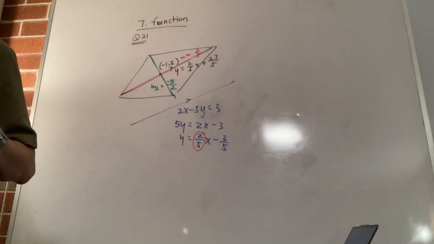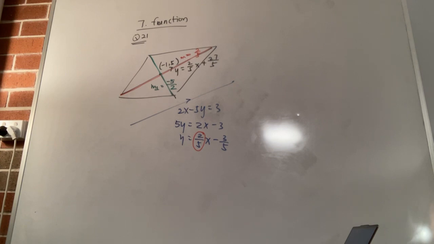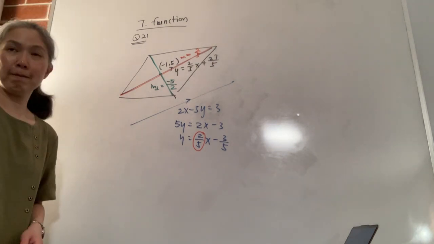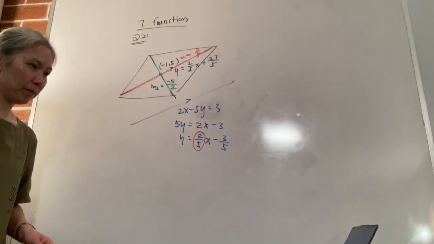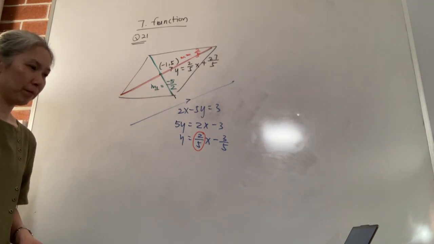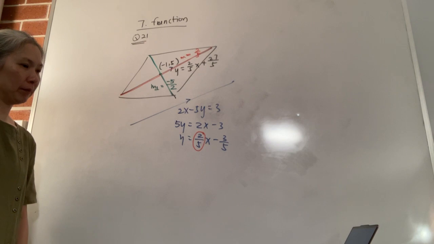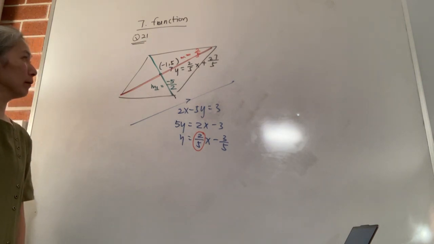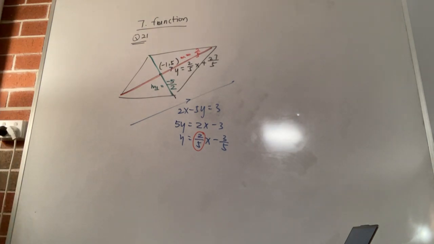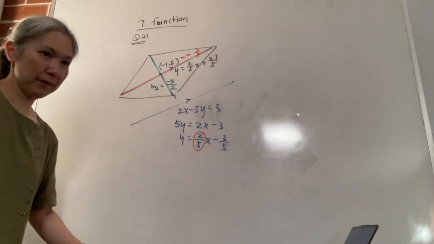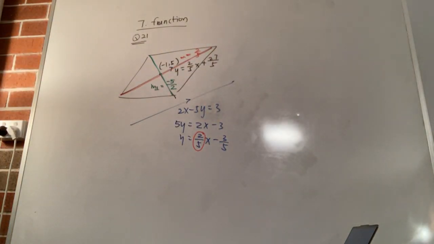Using that, find the equation again. y equals -5/2x plus 15/2.